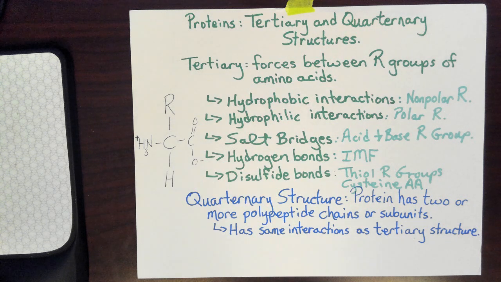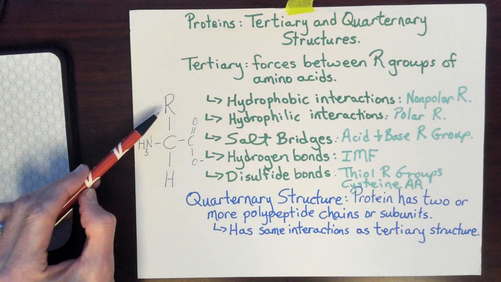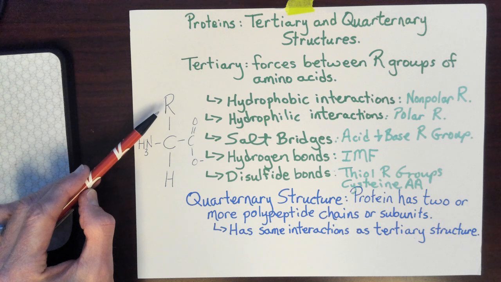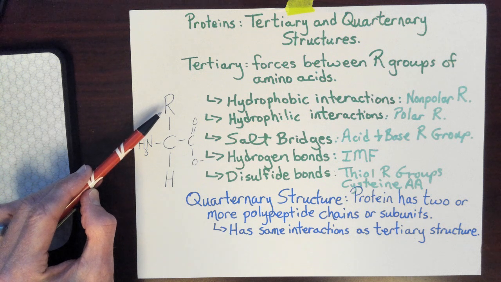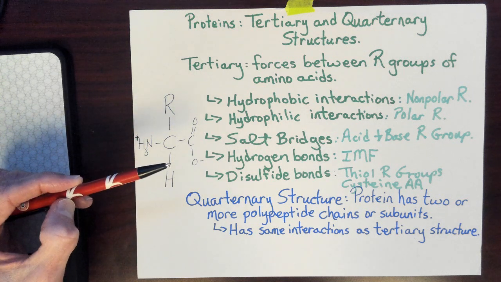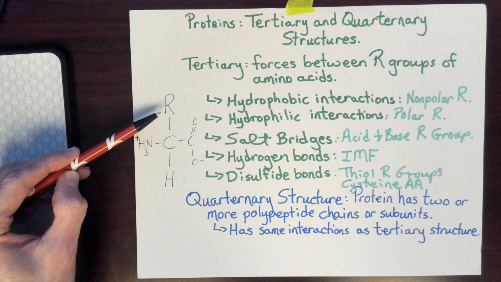So if you remember back to section 1 of this chapter, the R groups can be classified as non-polar, hydrophobic. They can be considered polar, hydrophilic, and in terms of polarity, they can be further characterized as neutral, as acidic, or basic R groups.